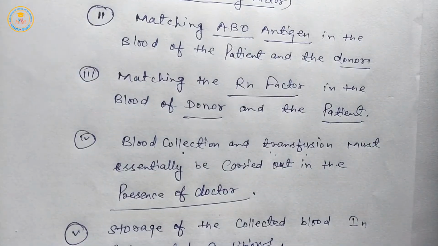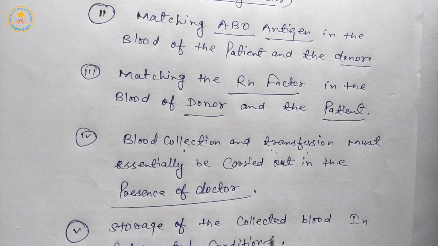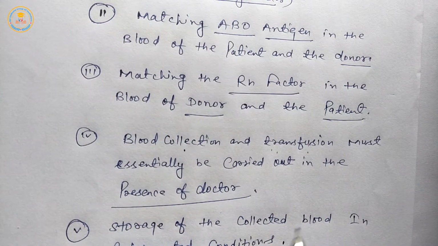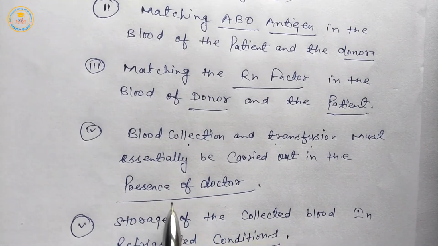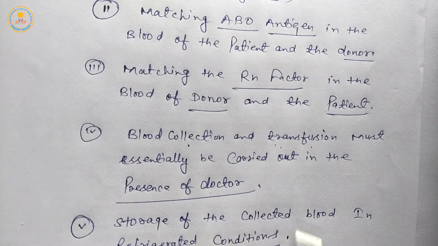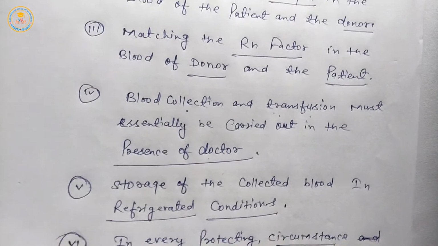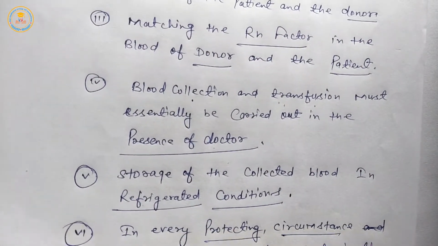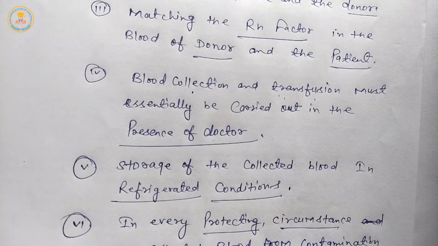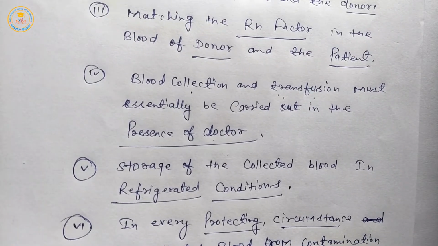Next, blood collection and blood transfusion carried out in the presence of physicians, means doctors. Next, collected blood stored in refrigerator. Next, in every circumstance, protecting collected blood from contamination.